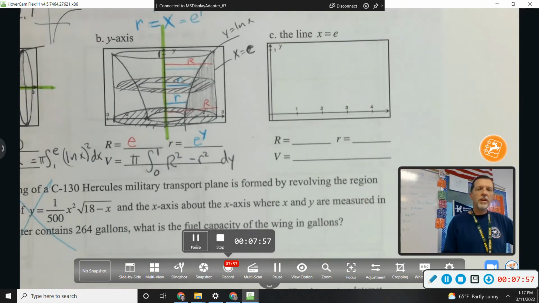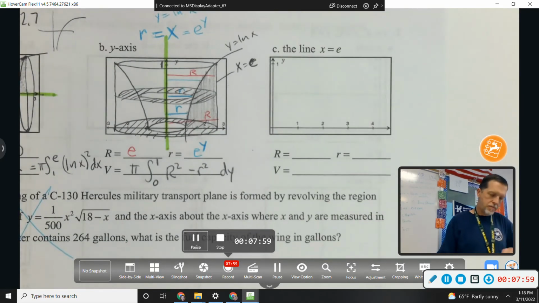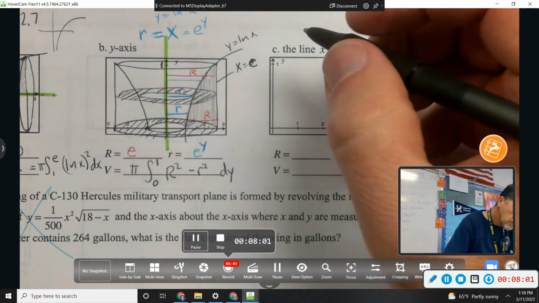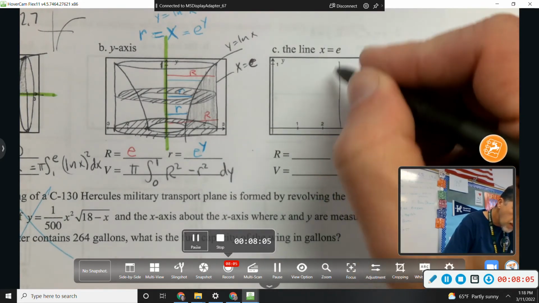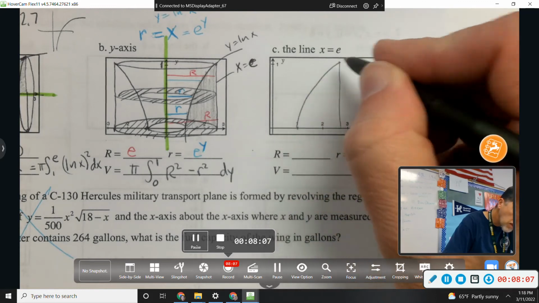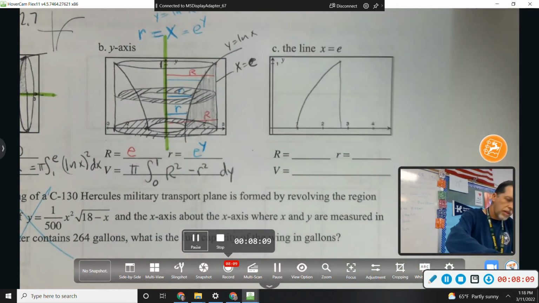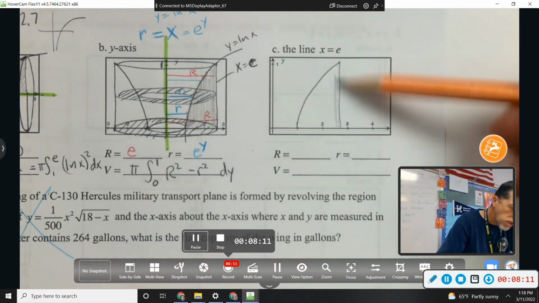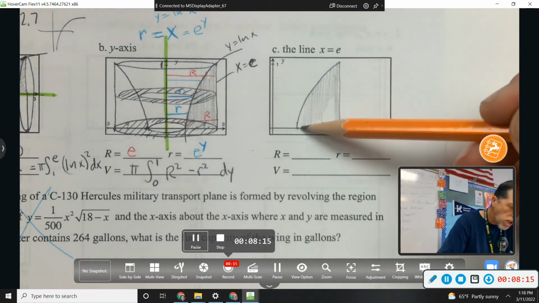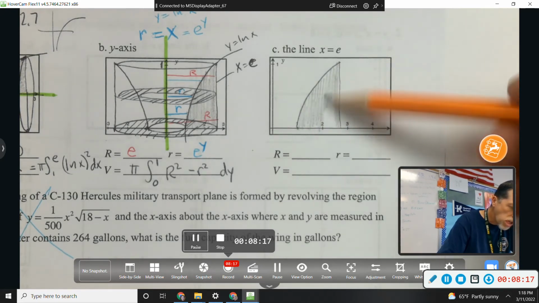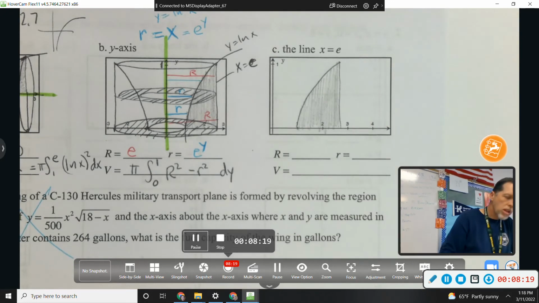One more. So base area, same as all the others.